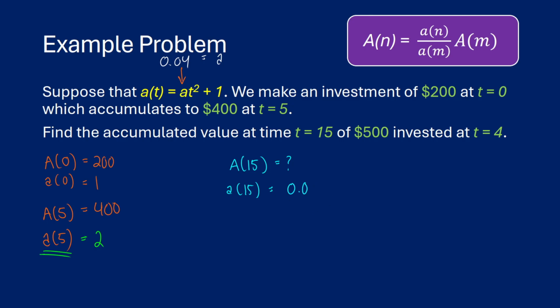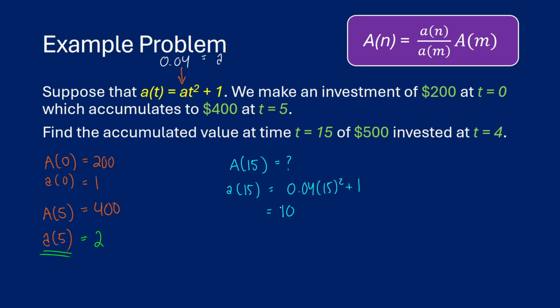This is 0.04 times 15 squared plus 1, where we put in 0.04 for a and 15 for t. We can simplify this a little bit. This is 0.04 times 15 squared, which is 225, and then we add 1 to it.